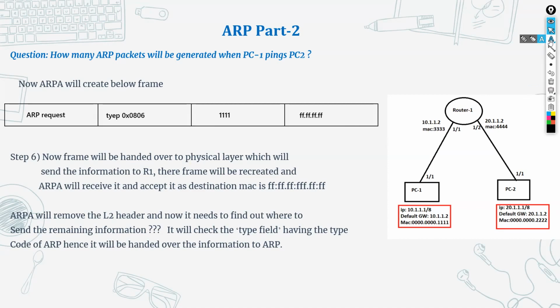Now you can see, once this layer 2 header is removed, ARPA is going to check this type field, right? This one. So the type field, there is a typo, so you can correct it. It is type. So this type field will tell ARPA that it needs to hand over this particular packet to the ARP protocol, right? Now let's move ahead.